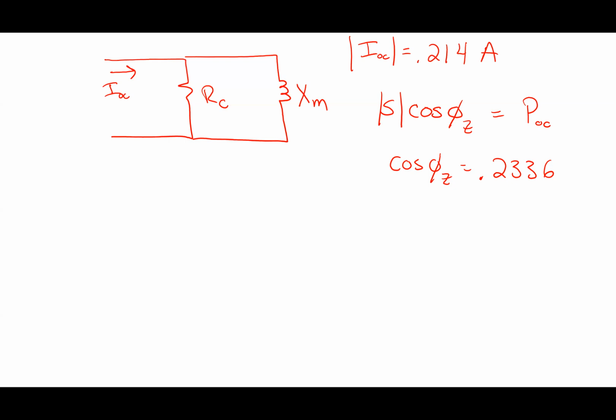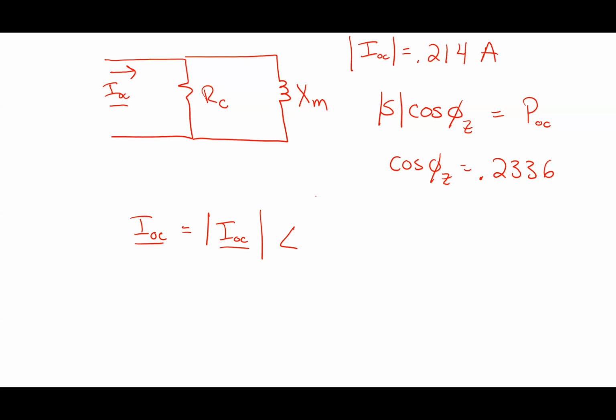So if I wanted to figure out what I_OC is as a vector, how could I get to that? I know the magnitude. What's its angle going to be? I know what phi Z is.